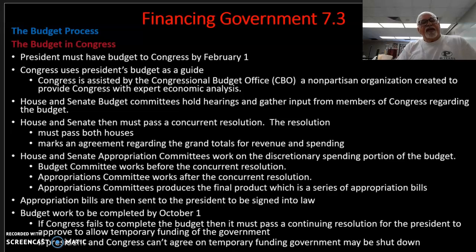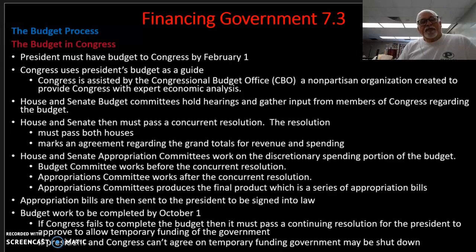They have to have that completed by October 1st. If Congress fails to complete the budget, then the only way the government can stay open is with a continuing resolution, and it has to be approved by both Congress and the President.